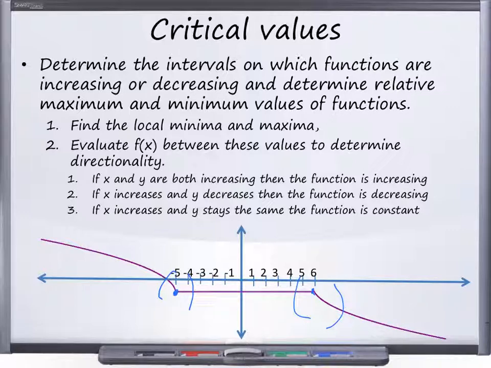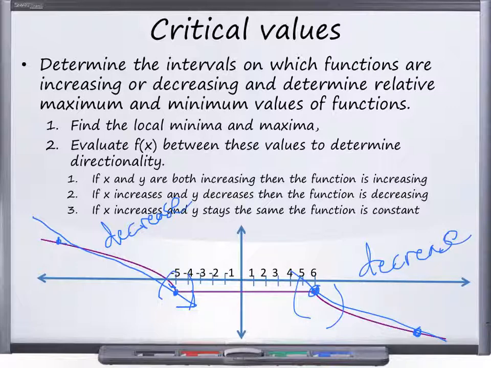In this case, notice if I use these 2 points, my overall slope is negative, so this is decreasing. Same with this last section. The overall slope is negative, so it's decreasing. Whereas between these 2 critical points, it's constant.